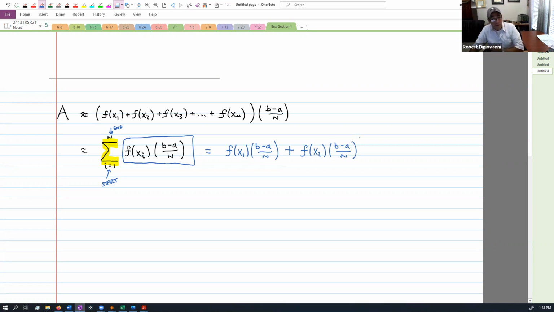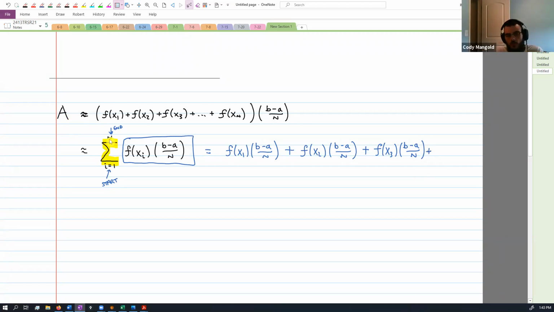Then I do it again, but now I let i be 3. And I continue to do this. And when do I stop? I stop at n. My very last one will be dot, dot, dot, f of x sub n times (b minus a) over n.